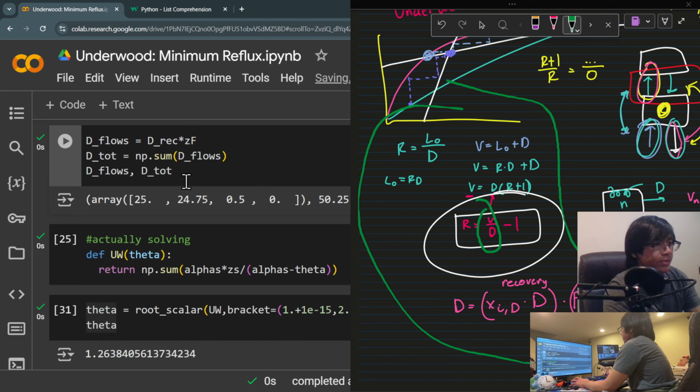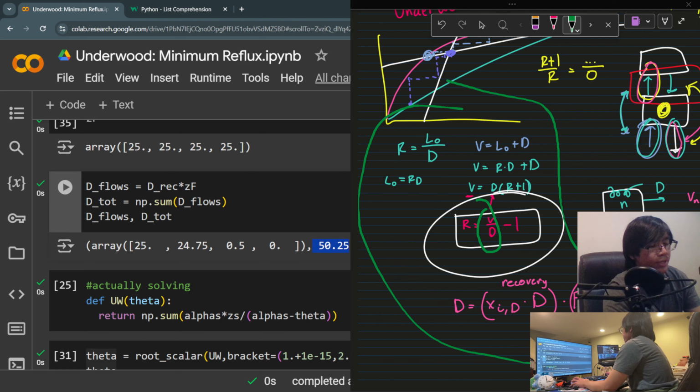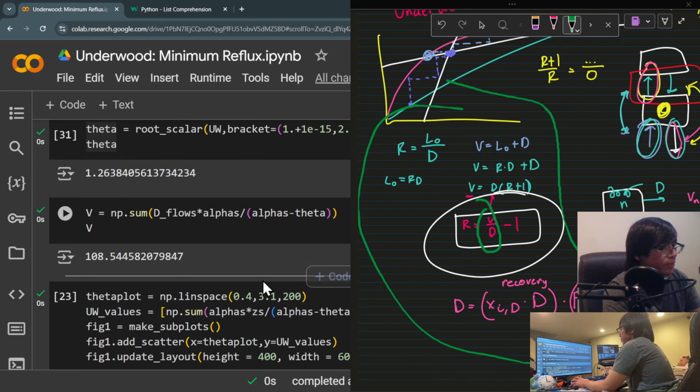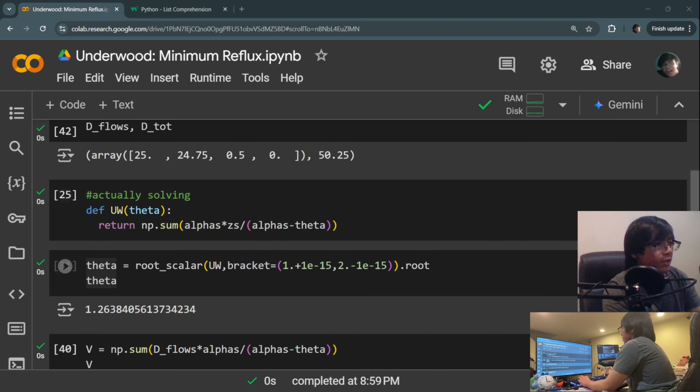And that's cool since this is in the distillate, and remember our total feed was 100, so we'll actually see the other half, actually a little bit more, in the bottoms. So I'll copy down this equation so I can close out that one note. So it's R equals vapor over distillate minus 1. So going back to Colab, hopefully you saw all of this.